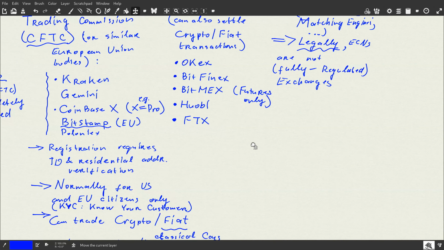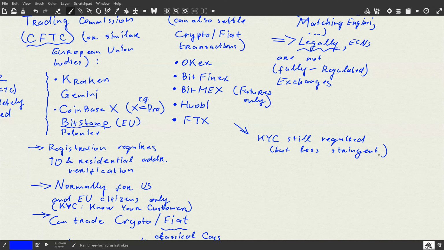So what can we say about those unregulated ones? Typically, KYC is still required, but less stringent. So for example, for getting registered with Binance or BitMEX, I don't remember whether the proof of residential address was required, or even if required, it is not very heavily checked.